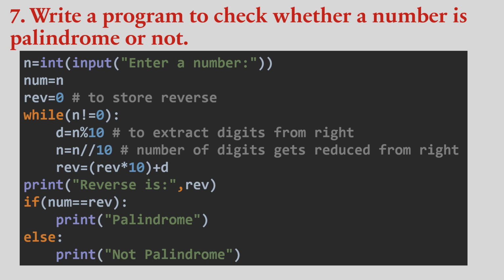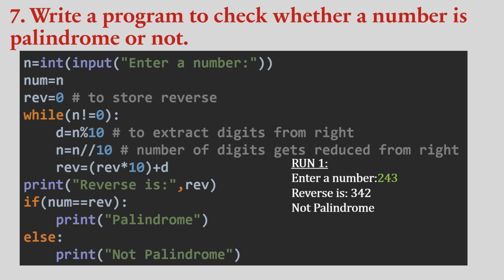So we will do that in a while loop like this. First of all, we will take the first digit, that means the digit which is at the units place. We will get it by dividing the number by 10 and taking the remainder. Let's say the number is 243, then the rightmost digit, the units digit, will be stored in a variable d.